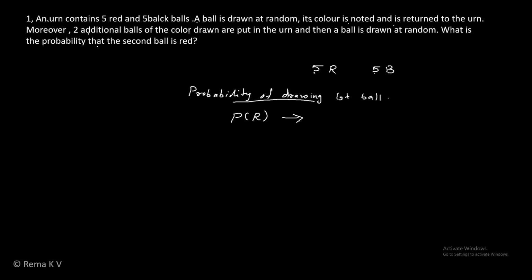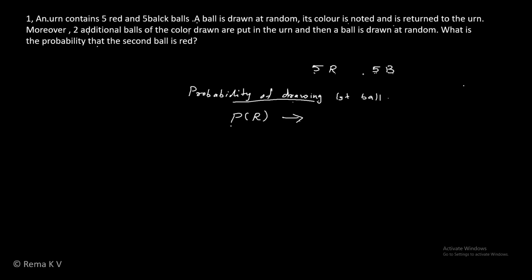See here, 5 red balls and 5 black balls are there. So while taking a ball at random from this, what is the probability of getting a red ball? The basic definition: number of favorable outcomes by total number of outcomes.